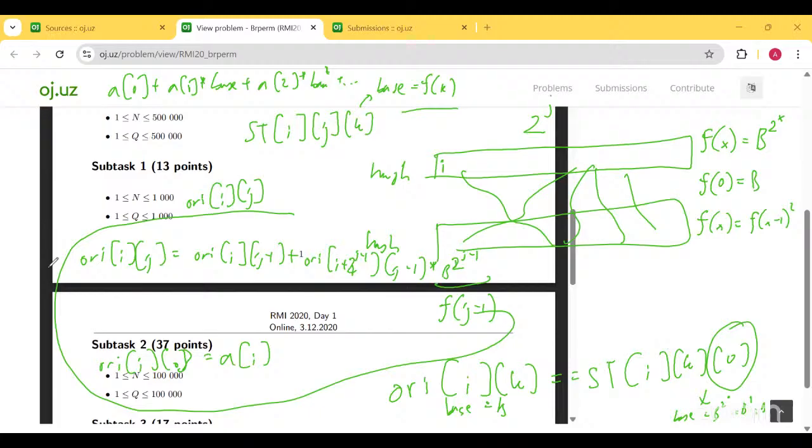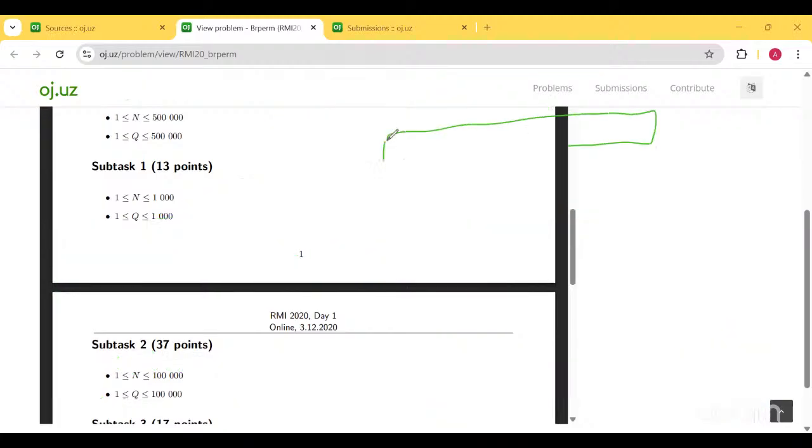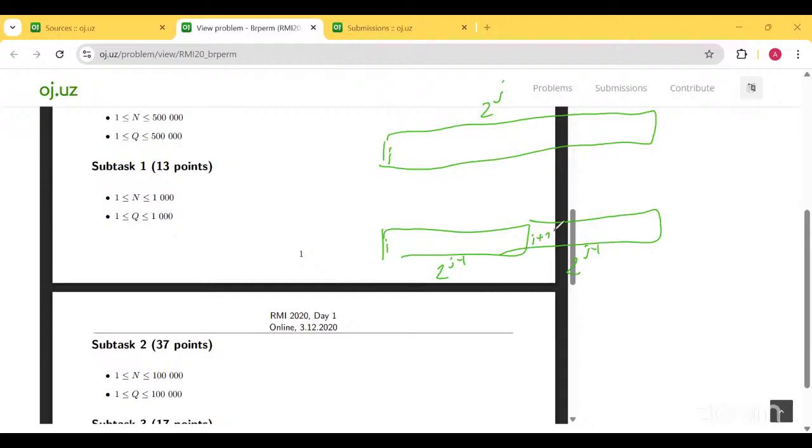All right. Okay. Then how to find the solution for ST[i][k][j]? The idea is like this. Let's split the array into 2, as usual, just like the idea for our sparse table. For example, we have reordered them, and we want to find the reorder of this.